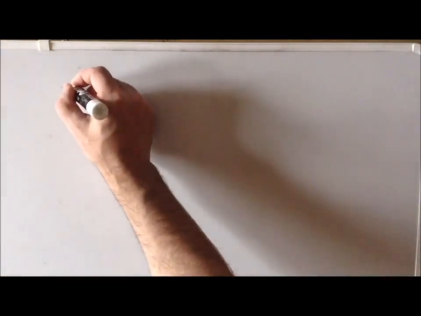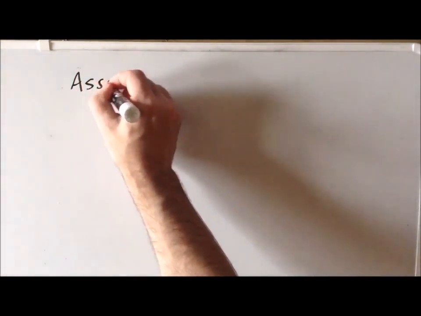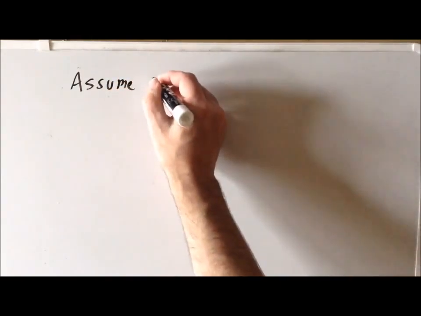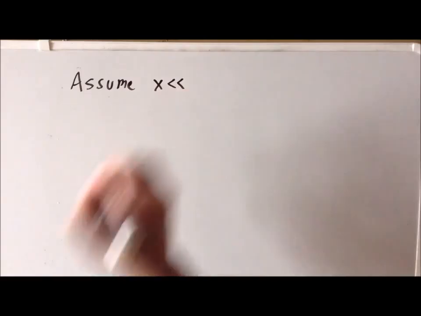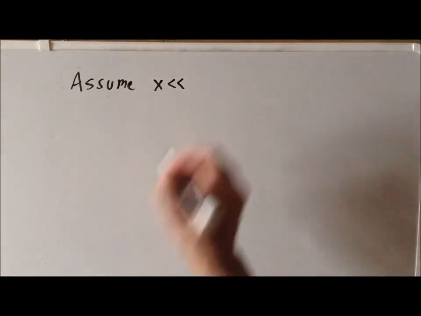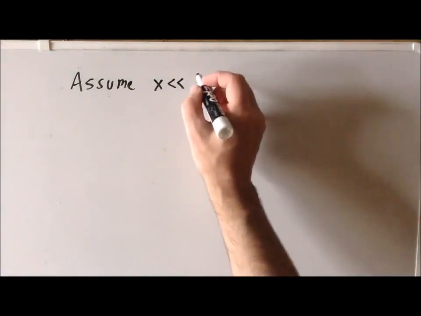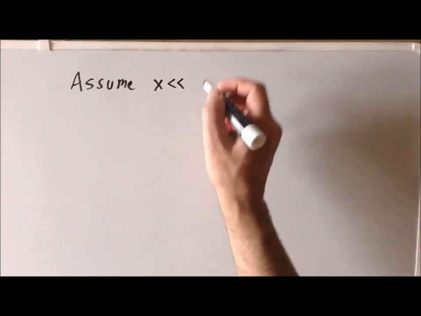Because aniline is a very weak base, we can assume that the amount of aniline which reacts is very much smaller than the initial concentration. So therefore, we can make the assumption that the amount of dissociated hydroxide of aniline is very much smaller than the initial concentration.